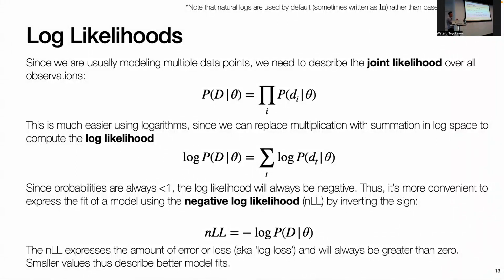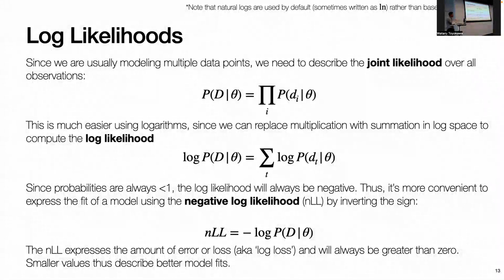This is described as a product over these probabilities, but products are kind of complicated. We prefer addition, so we're going to convert everything into log space using logarithms. What's very nice is that in logarithms, we can replace multiplication with addition, because that's the equivalent computation. So we're just summing the log probabilities over all the observations in our data set.